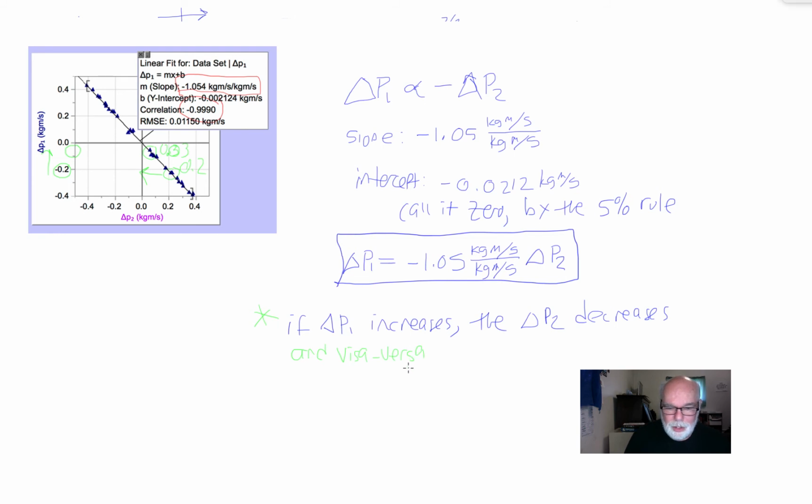So it goes the other way. If delta P2 increases, delta P1 would decrease. So what does this mean?